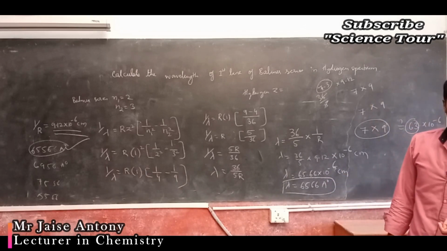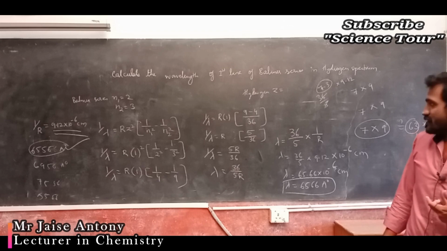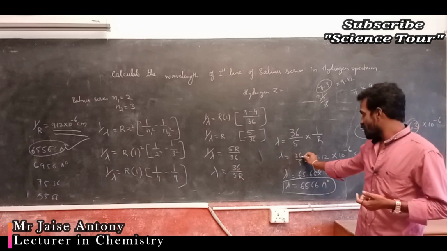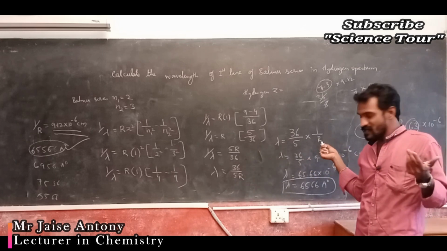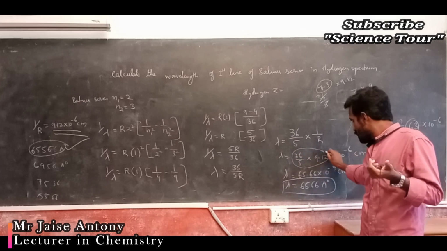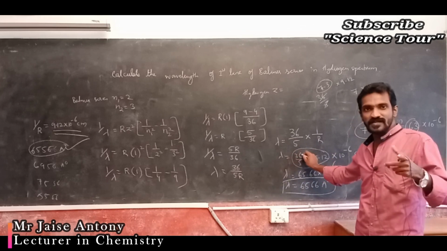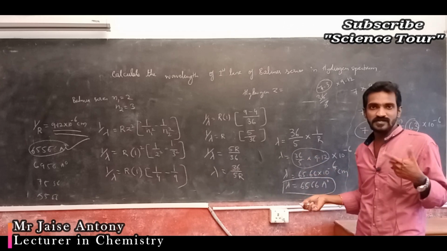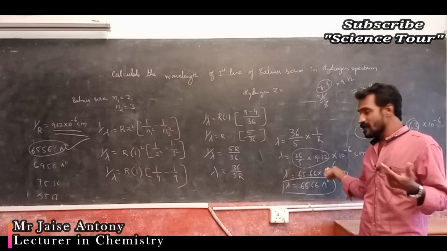So always simplify this particular calculation part. I know you are taking much time to solve this one, but I taught the simplest method now. For calculation, you take 36 by 5. How much is it? 7 point something, 7.3, you write. 7.3 is there, and 9.1 is there.